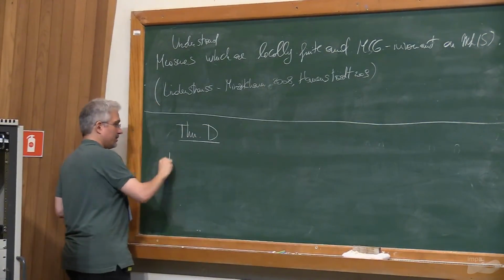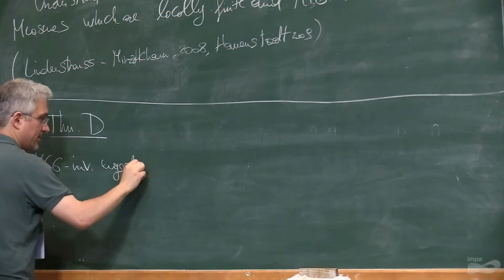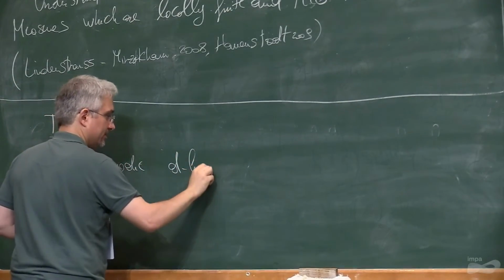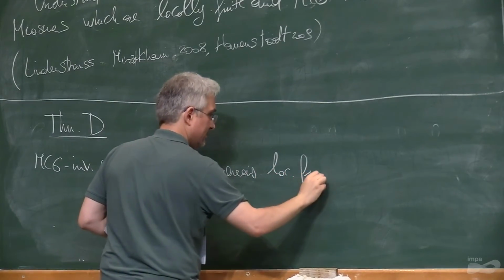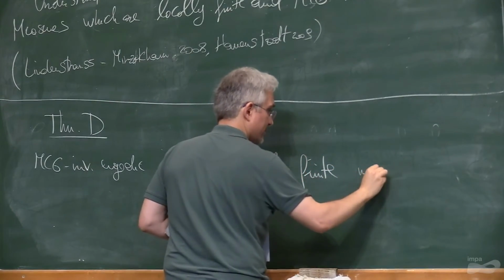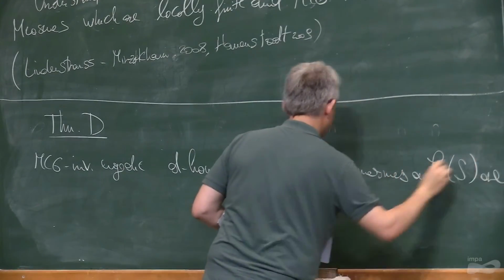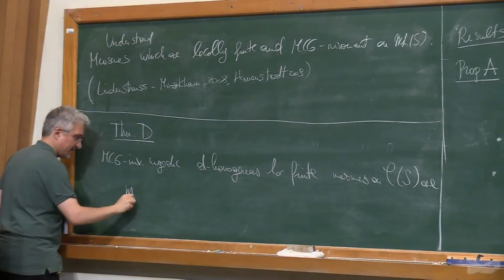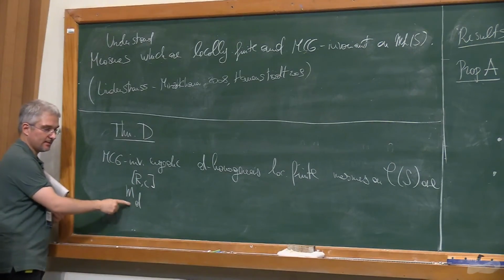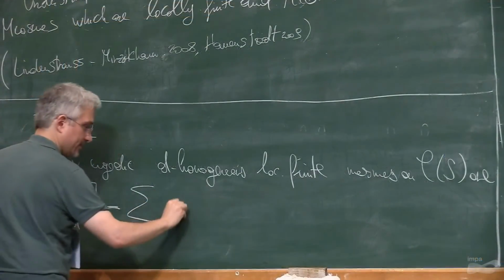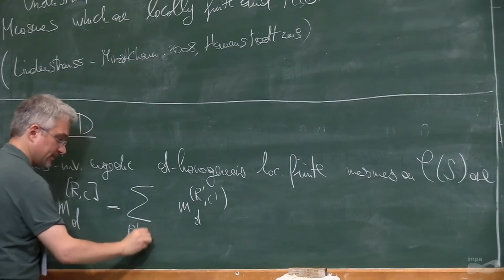Theorem D: mapping class group invariant, ergodic, d-homogeneous, locally finite measures on the space of currents are of this type. I put this D. This is again the sum over all.